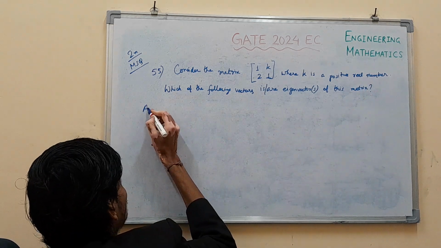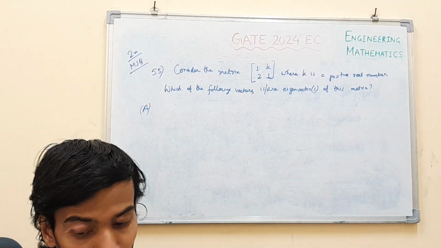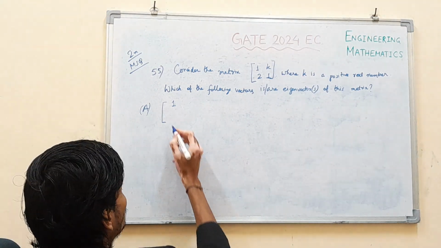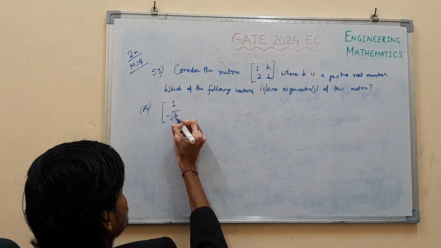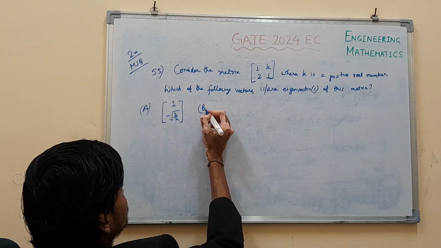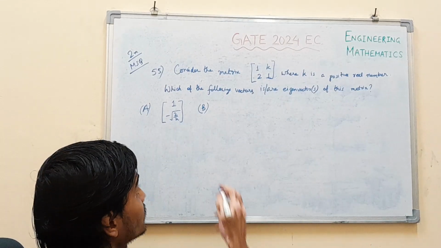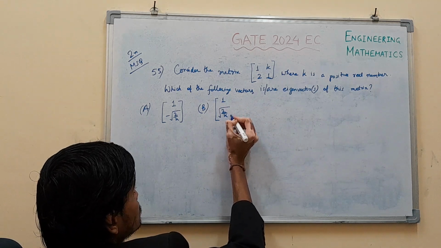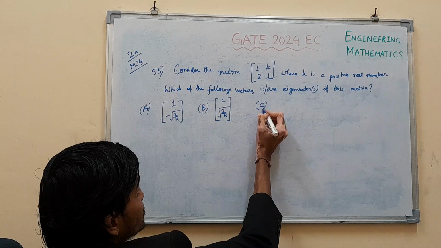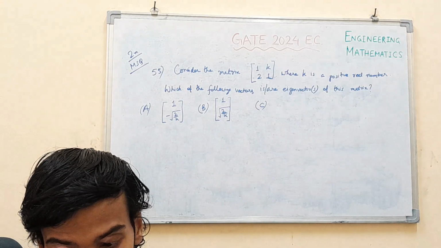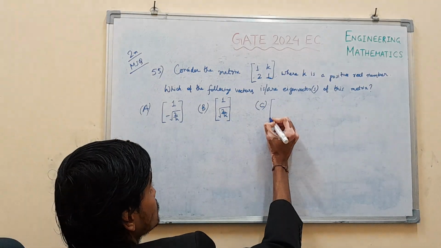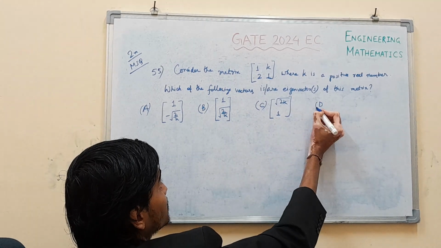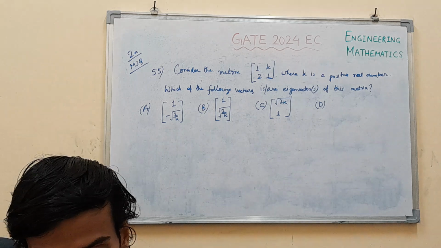The options are: option A, [1, minus root 2 by k]; option B, [1, root 2 by k]; option C, [root 2k, 1]; and option D, [root 2k, minus 1].